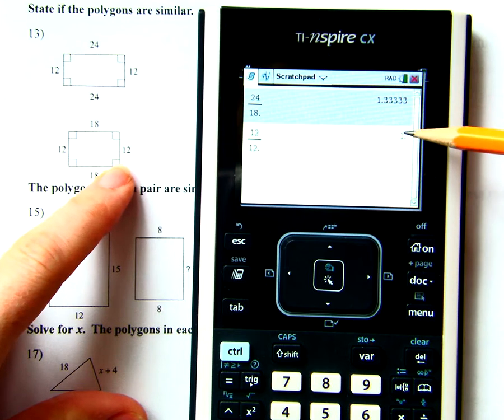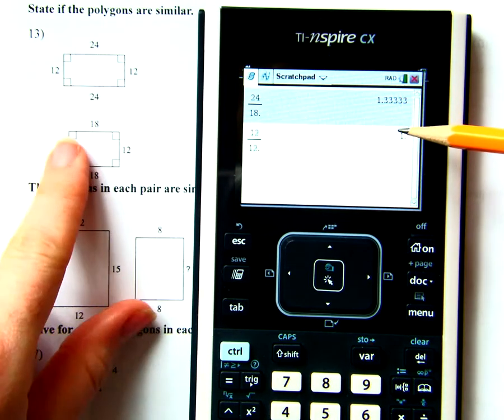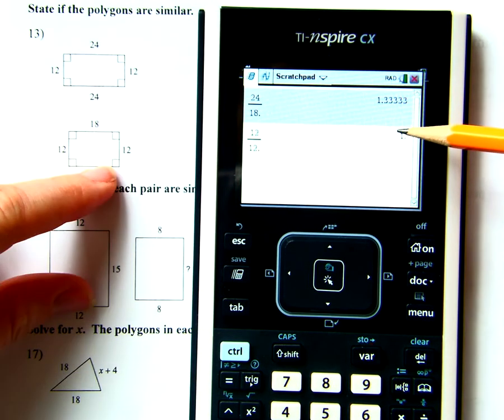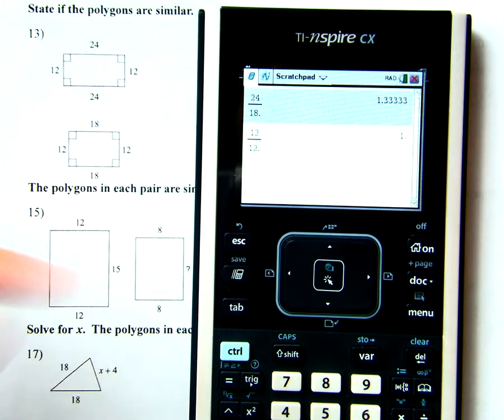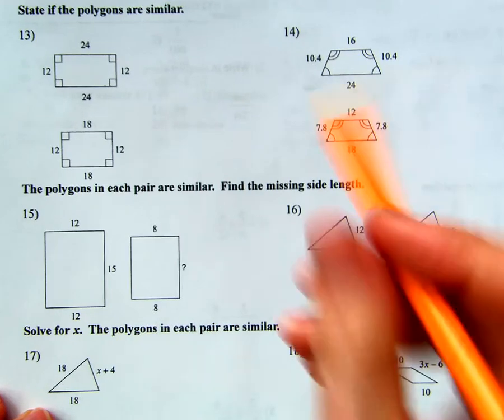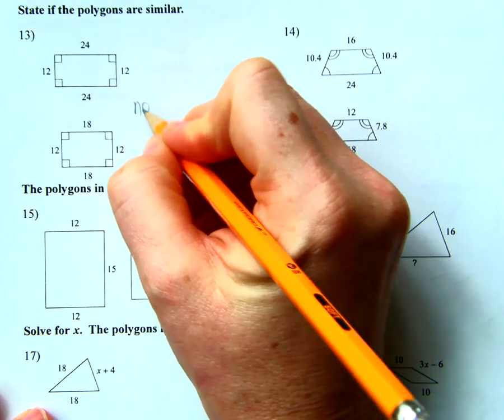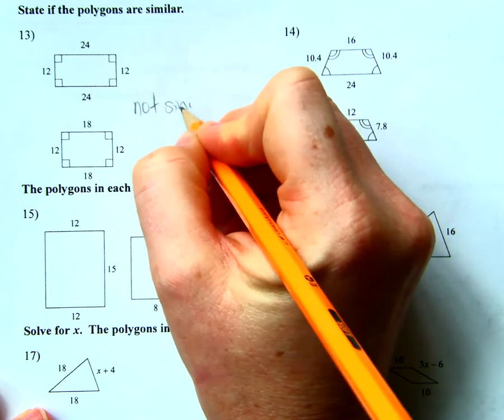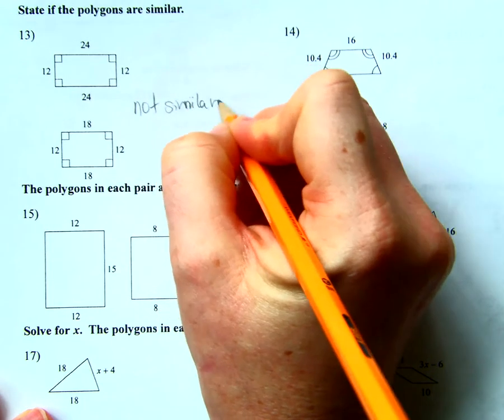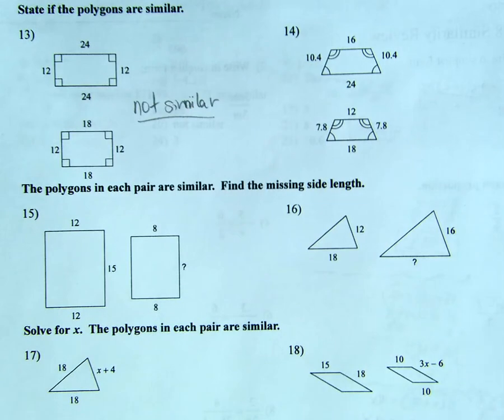And so you can see here, this long side does not have a common ratio with the short side. And because they don't have a common ratio, then I would say that these are not similar. So you're just checking to see if that common ratio is actually happening.